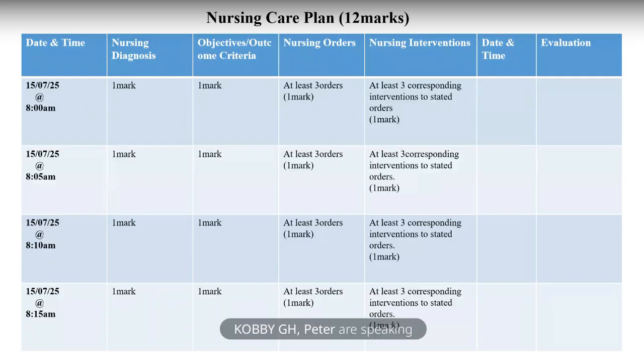Assuming we entered 10 o'clock a.m., then the first one we can use 10:05 a.m., then the second 10:10, then the third 10:15, then the fourth 10:20. So you are still within the parameter. At the end of the day, roughly you use about 20 minutes.